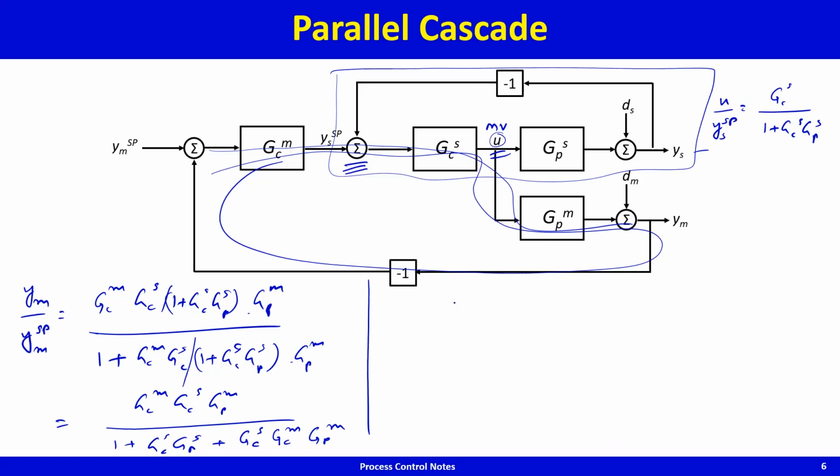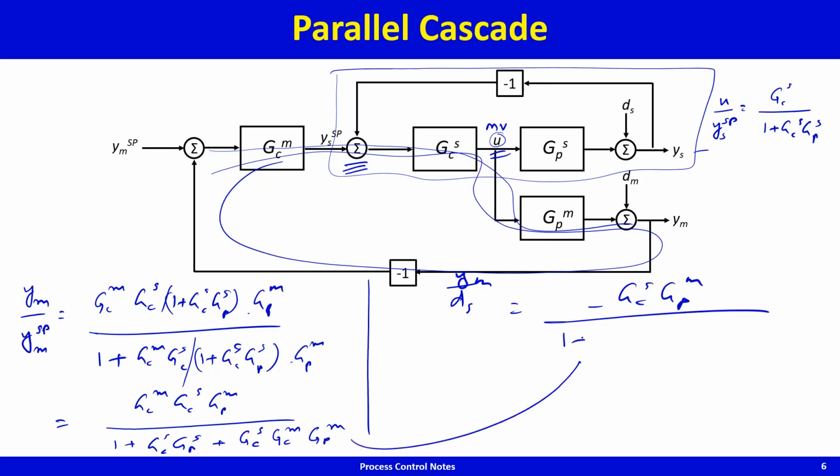With respect to ds, what will it be? With respect to ds, the ym by d, you just go from d to ym. So it's minus GCS GPM divided by the denominator here, which is 1 plus GCS GPS plus GCS GCM GPM.